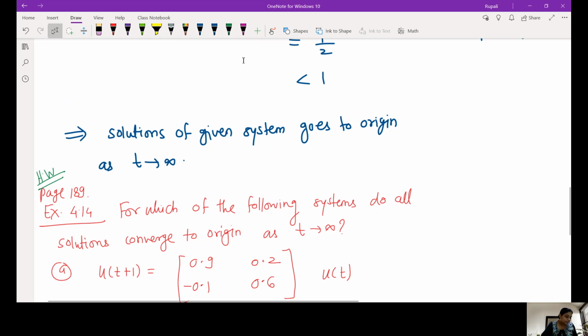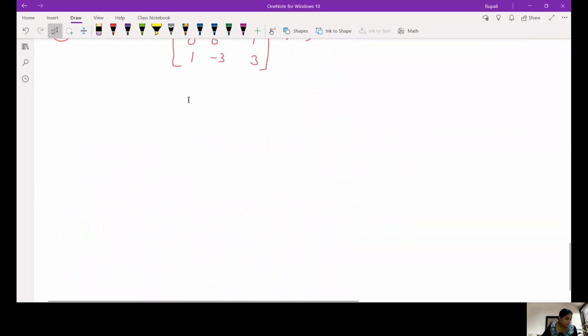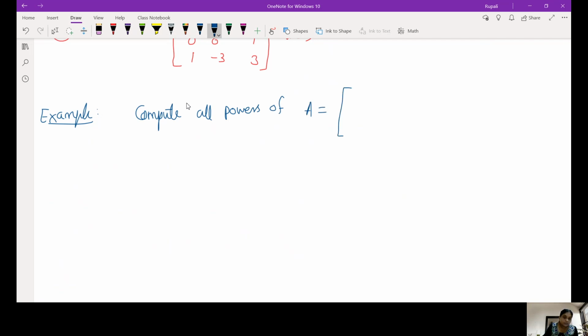Before going to one theorem, let us find all powers of a matrix. There is one example. Compute, because we will also require this: compute all powers of the matrix A equal to 2, 0, 1, 2.